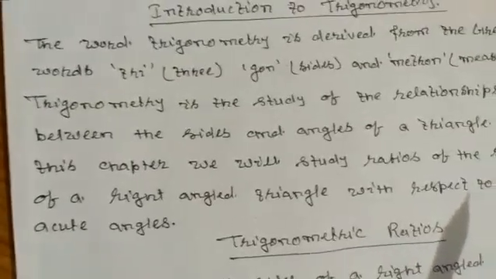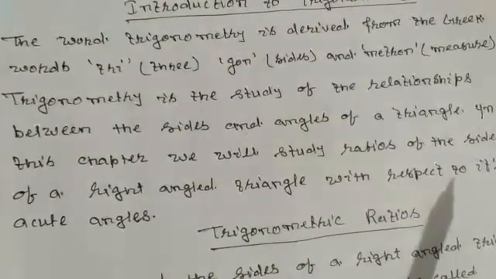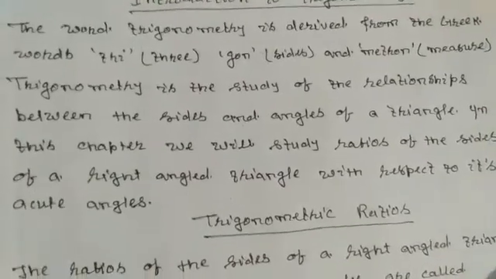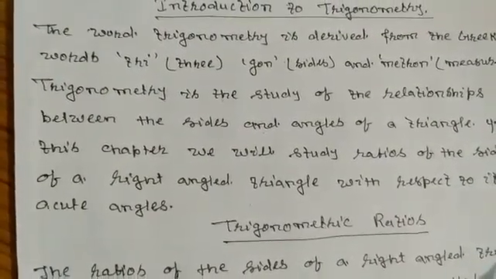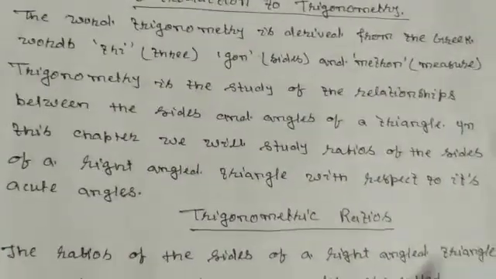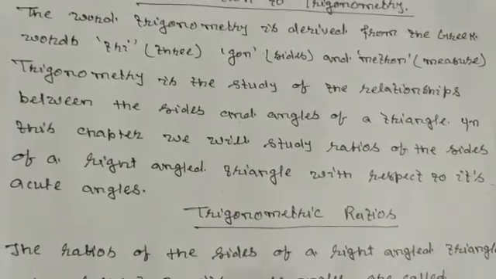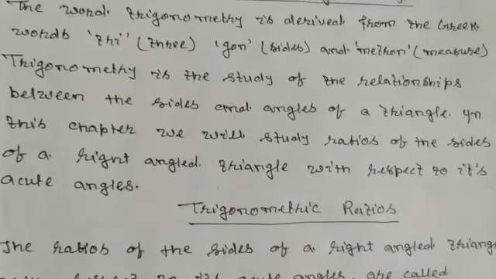In this chapter, we will study ratios of the sides of a right angle triangle with respect to its acute angle. Students, trigonometry deals with the ratio of the sides and angles of a triangle.